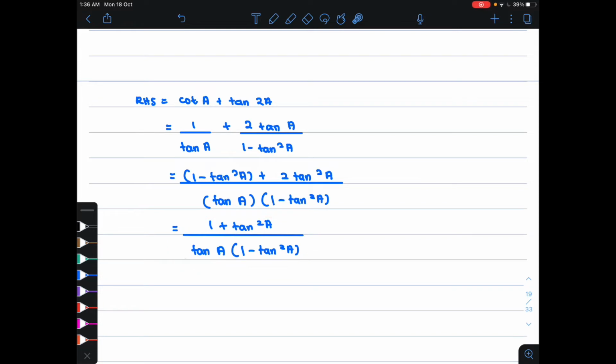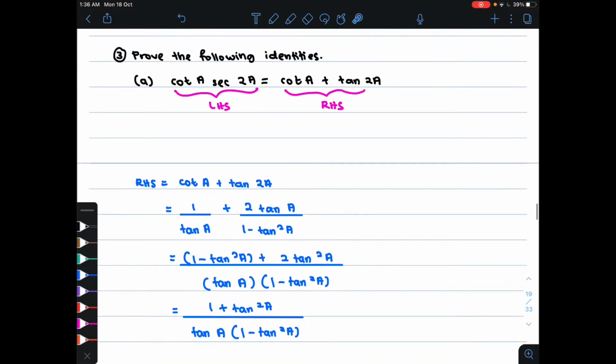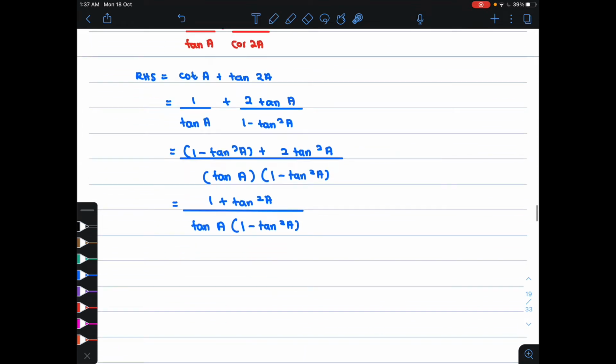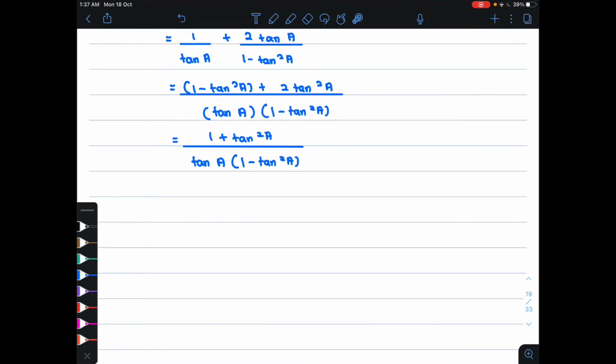Now let's compare with the final answer that we should have, which is this one. Cotangent A is 1 over tan A, and secant 2A is 1 over cos 2A. So try to rearrange our answer in order to get in that form.